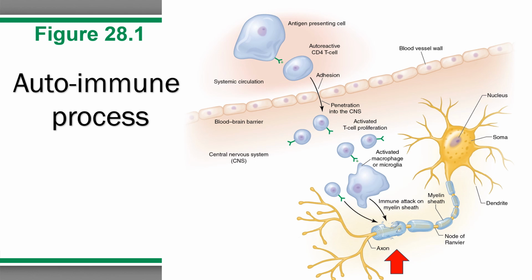Those T cells get activated with some gusto, and they start to cause a destruction of that myelin where I have that red arrow. That myelin, which allows that jump of the nervous transition, that nerve impulse to pass quickly down that axon, gets slowed down, and so we see an alteration of the ability of that nervous impulse.